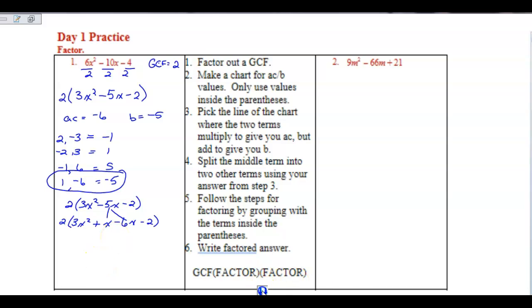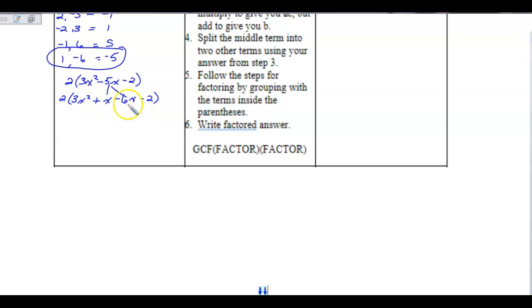Now off to the side, I'm going to find my binomials that will work with this 4-term polynomial. And I'm going to have 3x squared plus x, and then we have negative 6x minus 2.